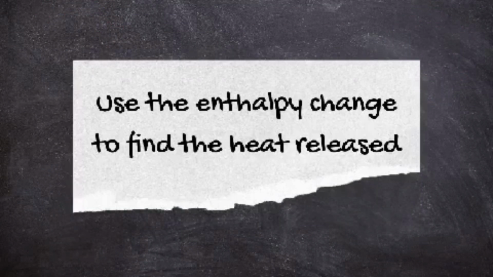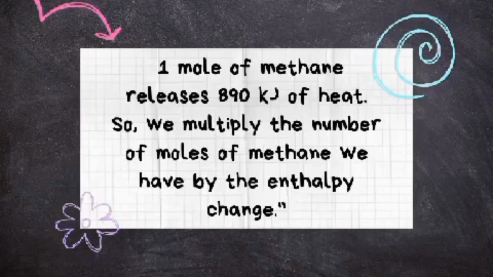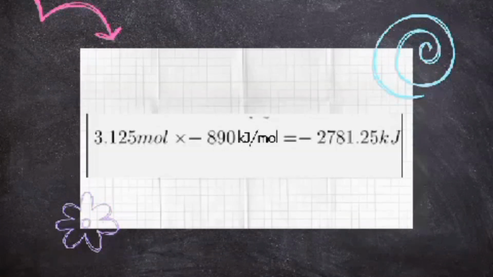Now, we use the enthalpy change from the thermochemical equation. We know that 1 mole of methane releases 890 kilojoules of heat. So, we multiply the number of moles of methane we have by the enthalpy change: 3.125 moles times negative 890 kilojoules per mole, which equals negative 2781.25 kilojoules.